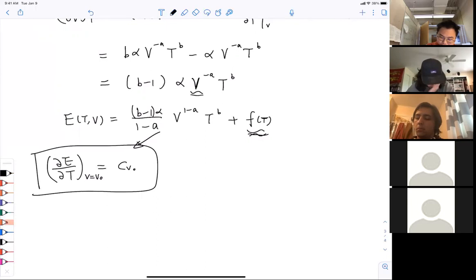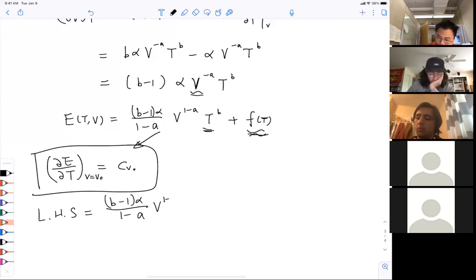So take a derivative with respect to temperature. We get, on the left-hand side, B minus 1 alpha and V. Since we set V to be V naught, it's a constant, and this is B minus 1.